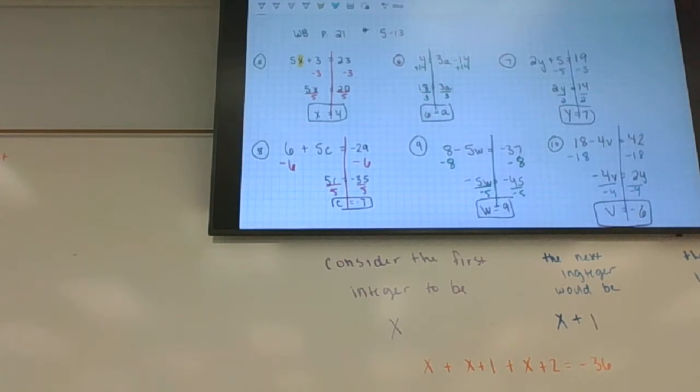It's on page 18. I didn't write that we divided by negative 4, but I didn't write the negative.